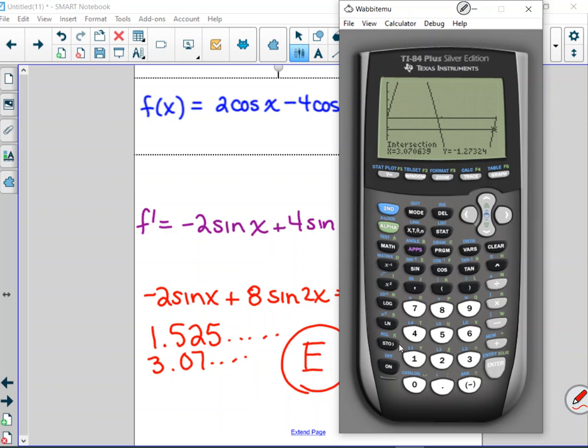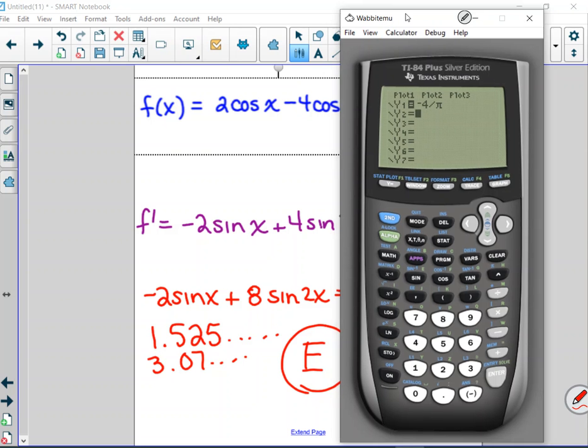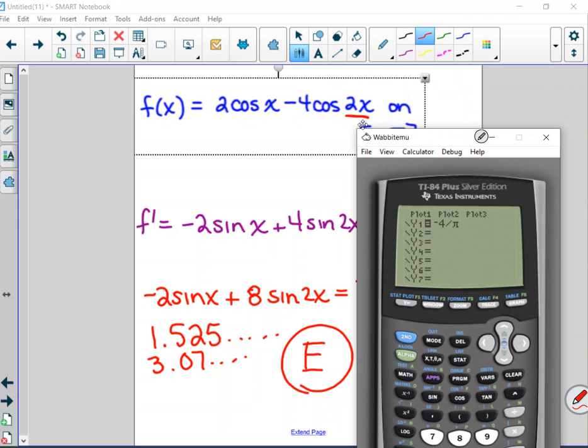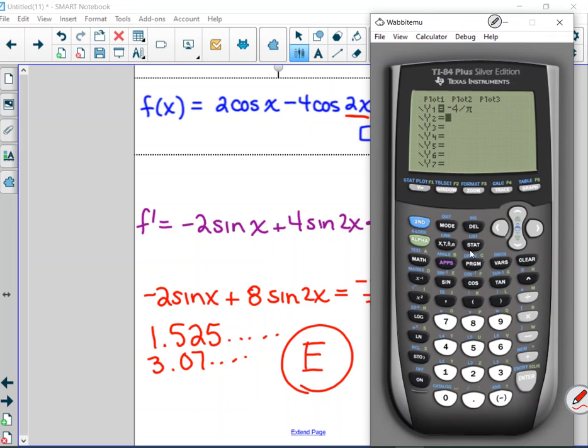Now, your calculator will not show you a derivative in algebraic form. However, and this takes a while to do, you can ask it to graph a derivative. So let's say I am not sure I know how to find this derivative, but I know I really just need to see the graph of that derivative.